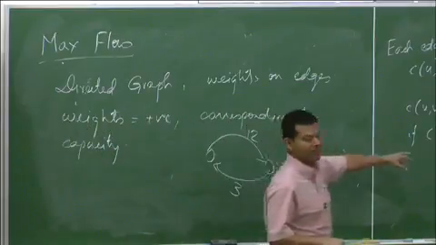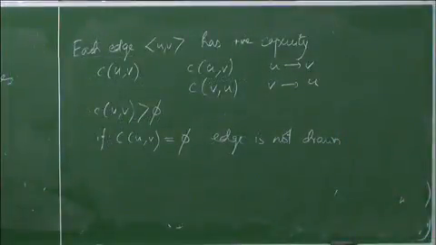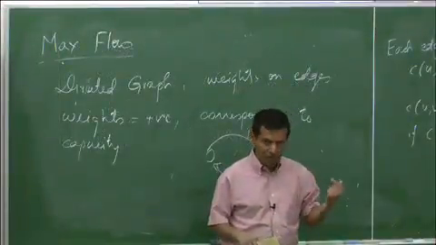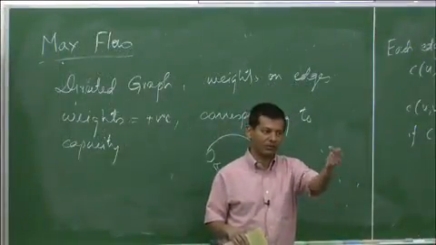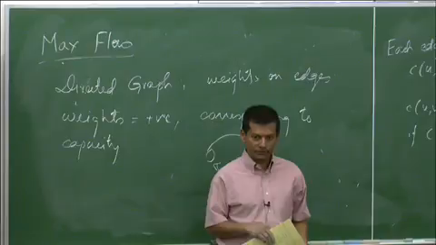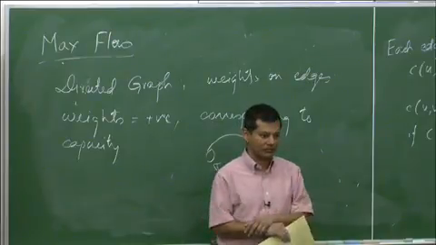So, when I do not have an edge between U to V, what I mean is that the capacity from U to V is 0 and the capacity of V to U is also 0. That is the case where I take both edges out.